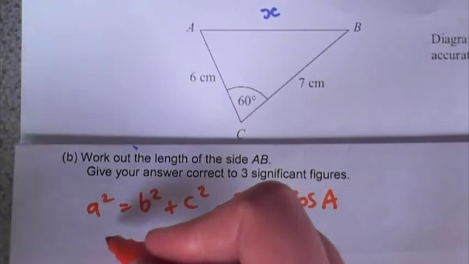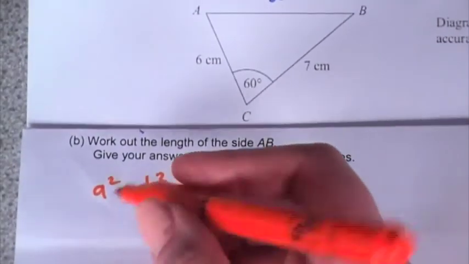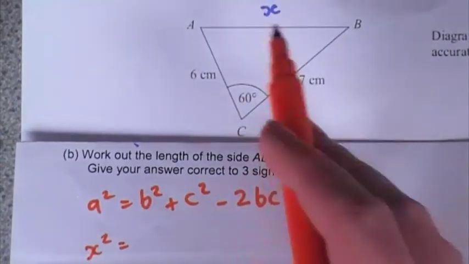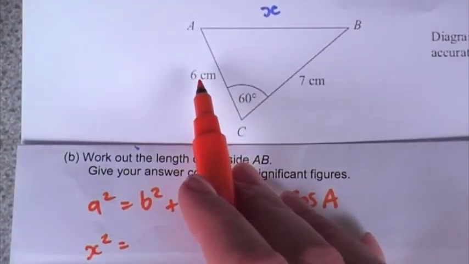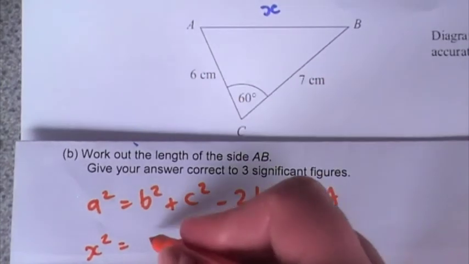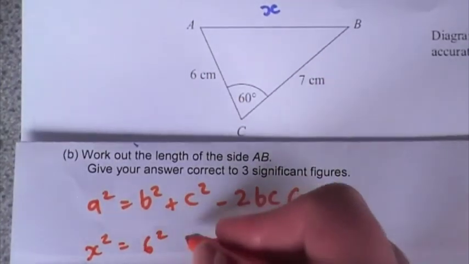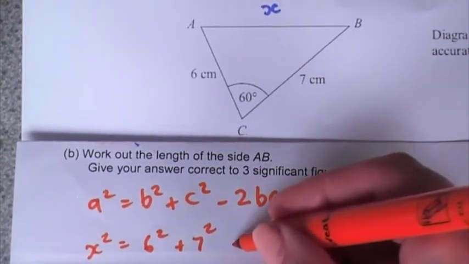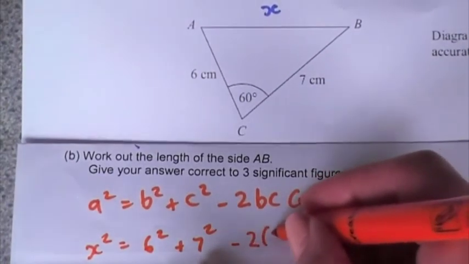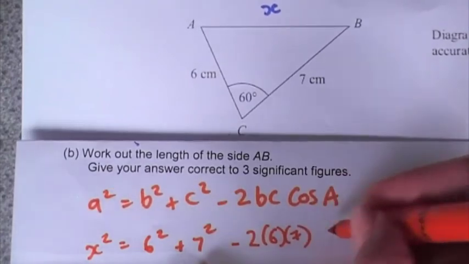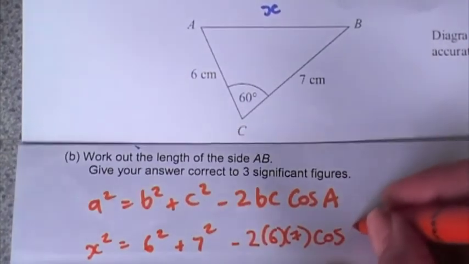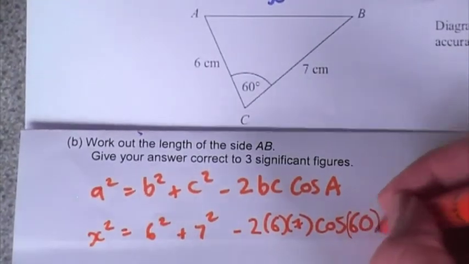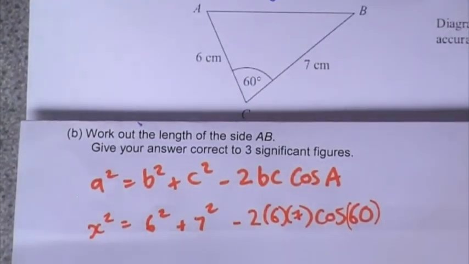Instead of a squared, I'm actually trying to find x squared. So I'm going to say that x squared is equal to that squared plus that squared: 6 squared plus 7 squared minus 2 lots of 6 and 7 cos 60. And I should put that in a bracket because that's how it would be on a calculator.